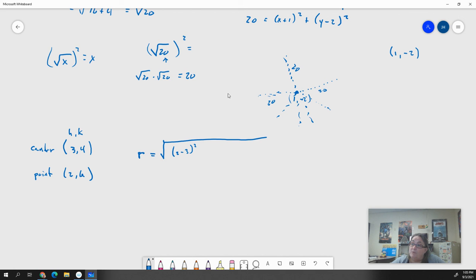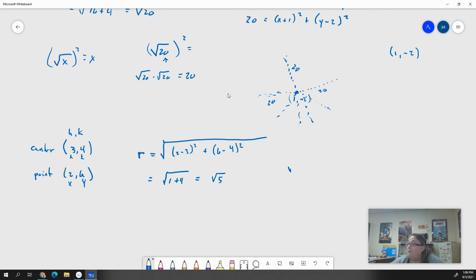Always remember that we're doing our x minus our h, our y minus our k, plus 6 minus 4 squared. And that's going to give us 2 minus 3 is -1, but when I square it, it's just 1. 6 minus 4 is 2. When I square it, it's 4. So I have the square root of 5. That's my radius, right? And so now I can just plug it in.